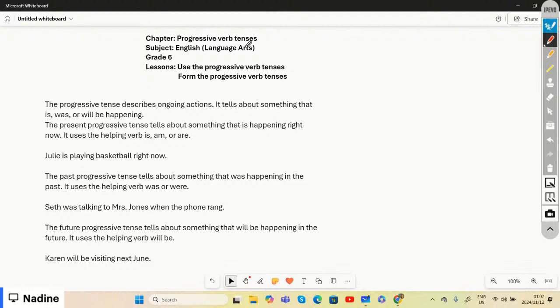And progressive is something that is ongoing. So if we put progressive verb tenses together, it means an ongoing action that is being done in the past, in the present, or in the future.